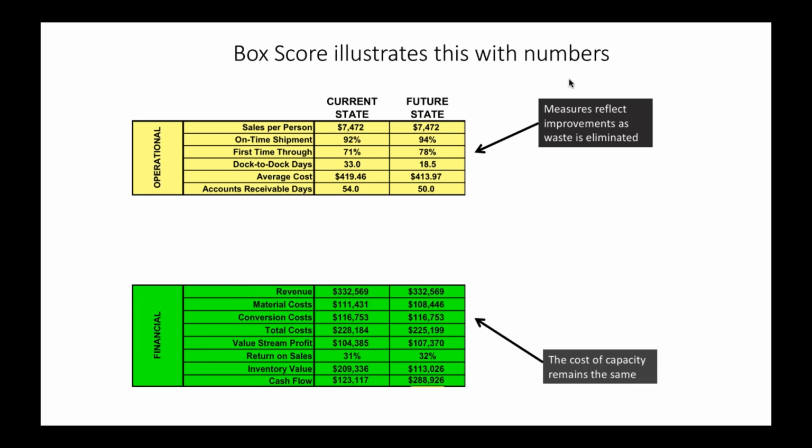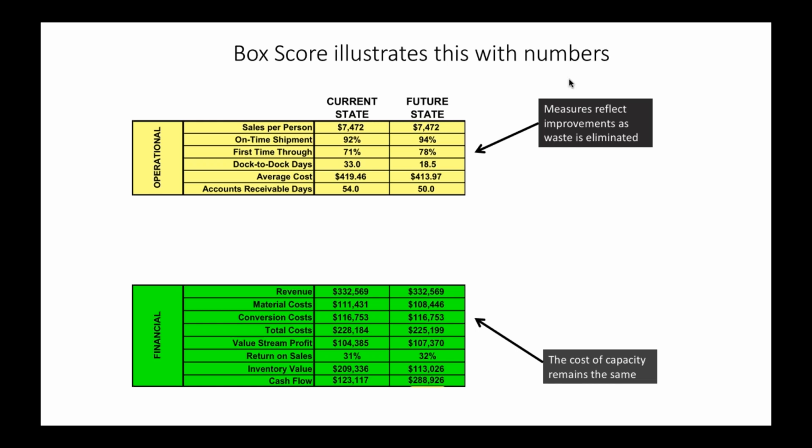From a financial standpoint, you don't see much change in value stream profitability. Material cost goes down a little bit because our quality is improved and our flow is improved, so we're not consuming as much material cost. However, our conversion cost, which is really the cost of our capacity, remains the same.